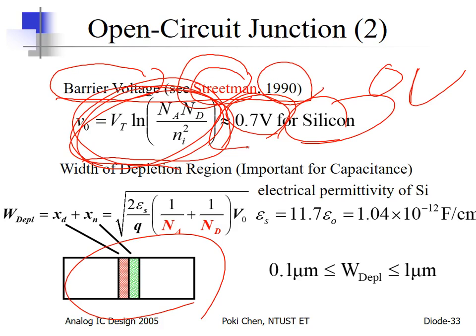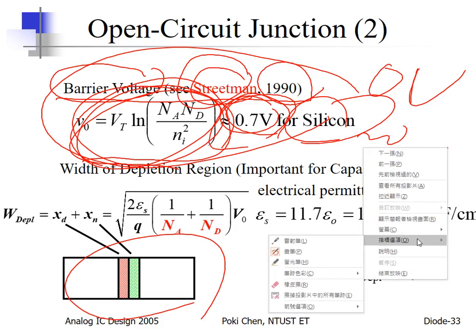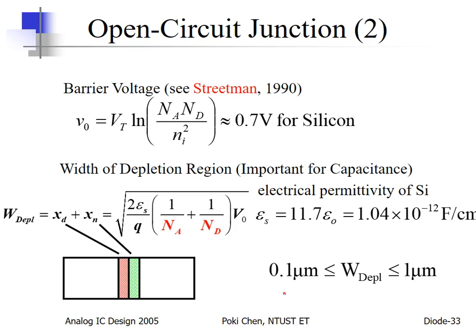This is the first equation I would like to show you: why 0.7 for the diode to be fully on? The barrier by nature is 0.7 volt at room temperature, around 20 or 25 degrees. That is the definition of room temperature. And then let's go further.